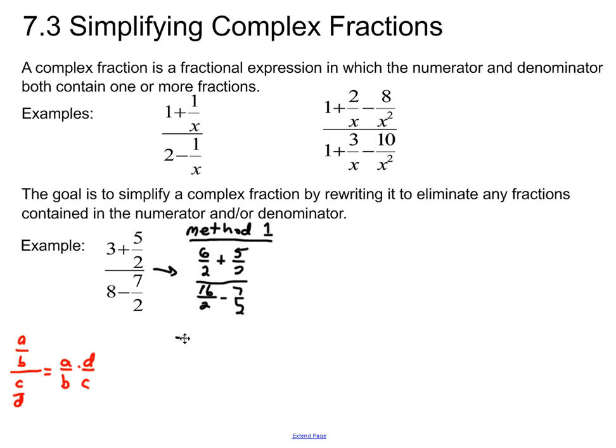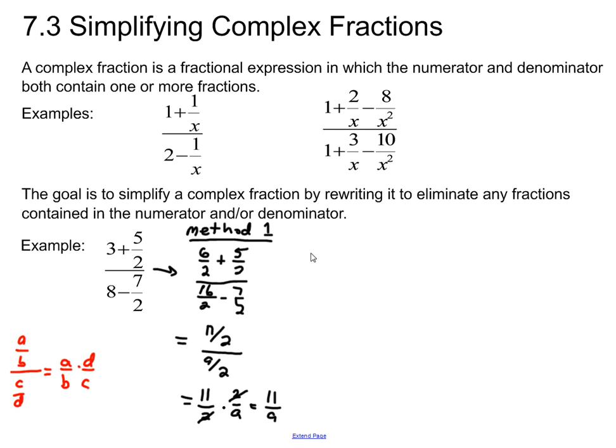That becomes, simply enough, 11 halves in the numerator, divided by 16 minus 7, which is 9, over 2 in the denominator. By our rule above, that means 11 over 2 multiplied by 2 over 9, and our result, if the 2's cancel out, is 11 over 9.